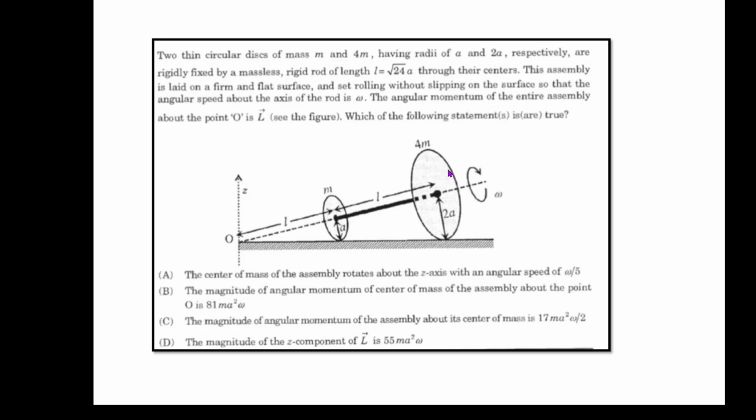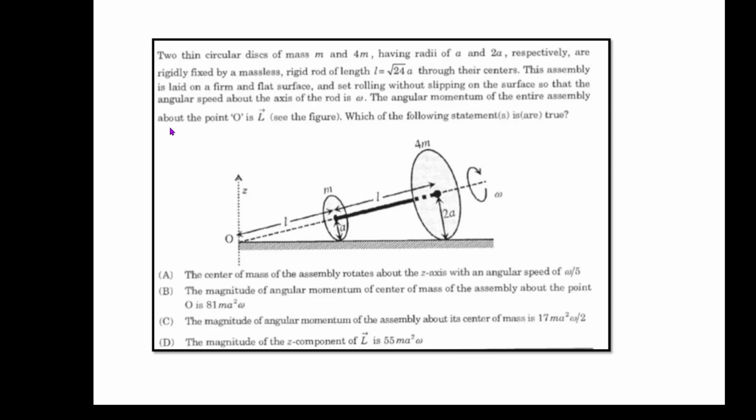The rotational speed is omega, and because of this speed they will start moving on this surface. This surface is the xy plane, this is the z axis, and it is set rolling without slipping. There is no slipping.